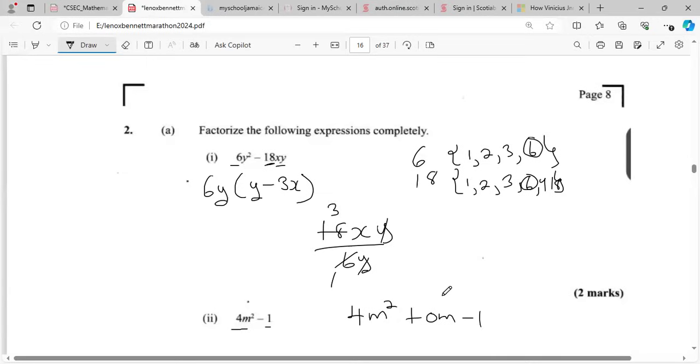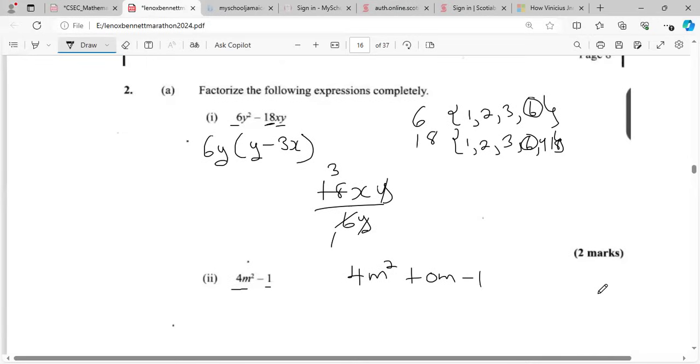And then you say 4 times 1, that's negative 4, so it will be negative 4m squared. And then you list the factors of 4: 1 times 4, 2 times 2. Once we get 0 to be the middle term, we know it has to be a number minus itself, right?